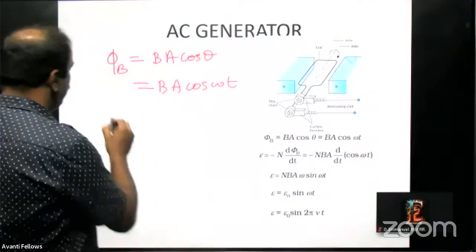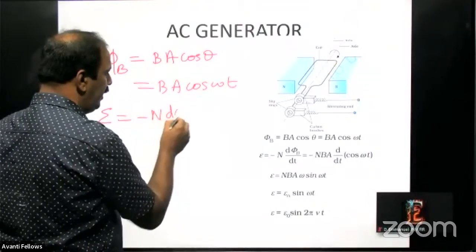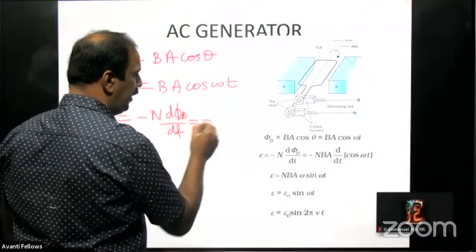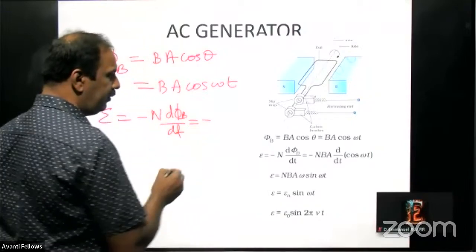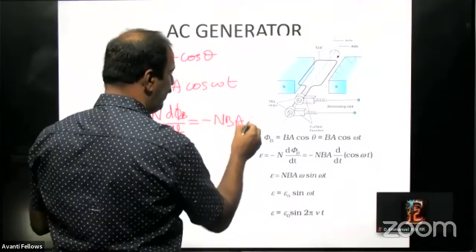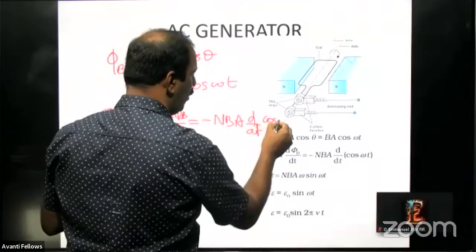Now the EMF is given by EMF equal to minus n d phi B by dt, which is equal to minus n B A d by dt of cos omega t.